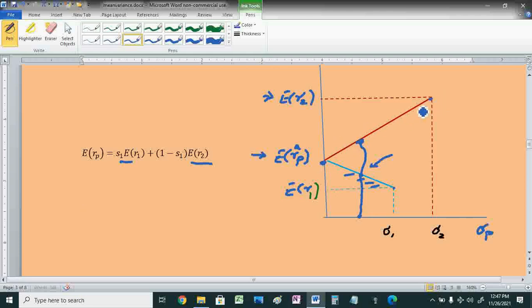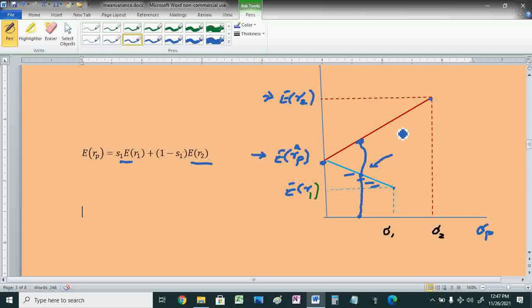So this will be the range which will be defining the efficient part of the portfolio possibility frontier. So this is what happens in the case where the securities are perfectly negatively correlated.